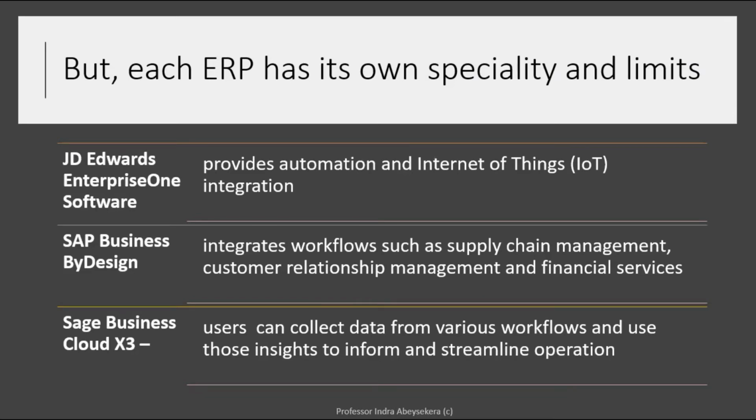But each ERP has its own specialty and limits, as I noted for the open code sources, but even with the vendors. For example, J.D. Edwards Enterprise One software provides automation and Internet of Things integration. SAP Business by Design integrates workflows such as supply chain management, customer relationship management, and financial services.